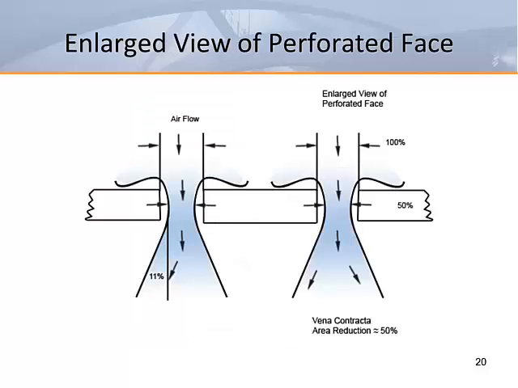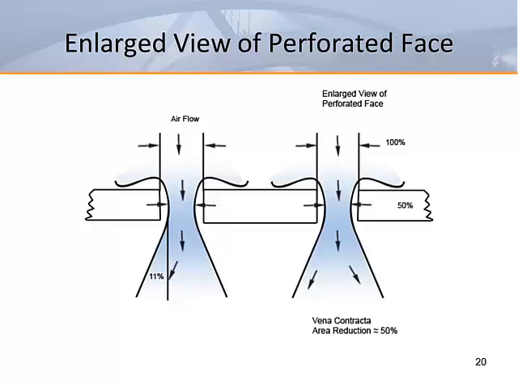So let's look at the physics of the air discharging the diffuser. As the air from the plenum chamber is pushed through the openings in the face, a vena contracta occurs which further reduces the effective free area of the discharge hole. Thus, at the center of the hole, the effective area is further reduced to approximately 50% of the open face area. So what does this mean?